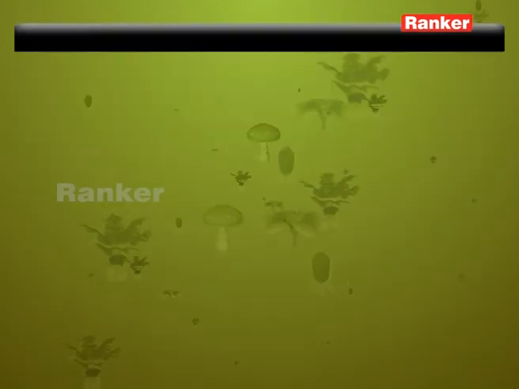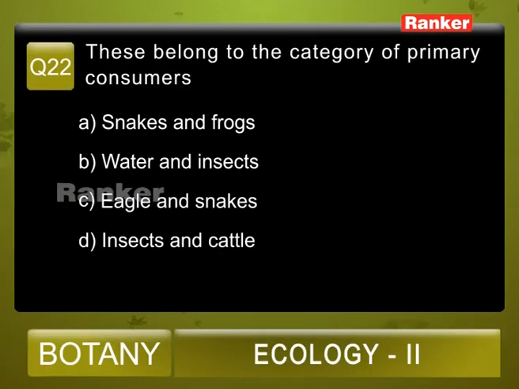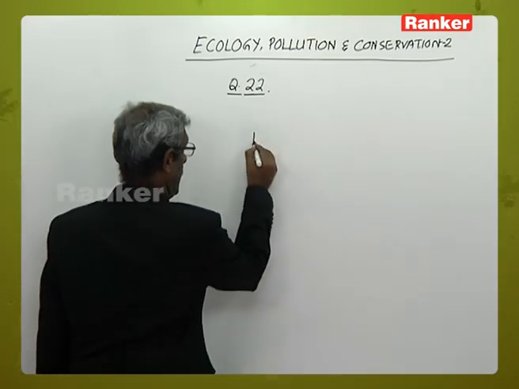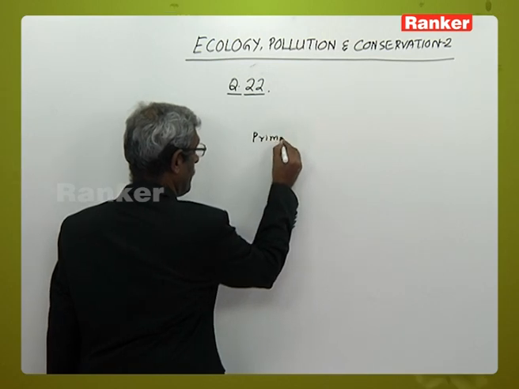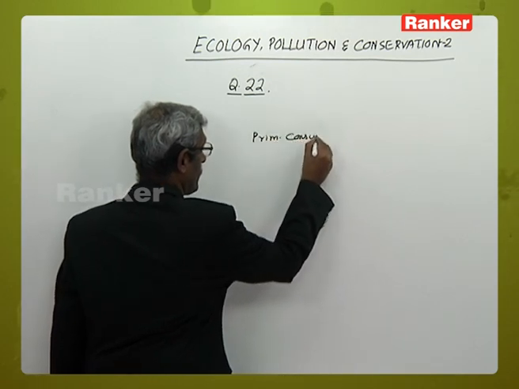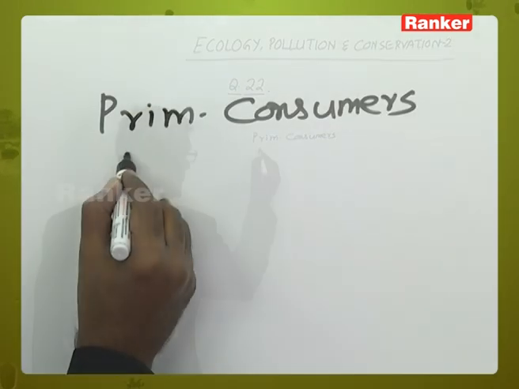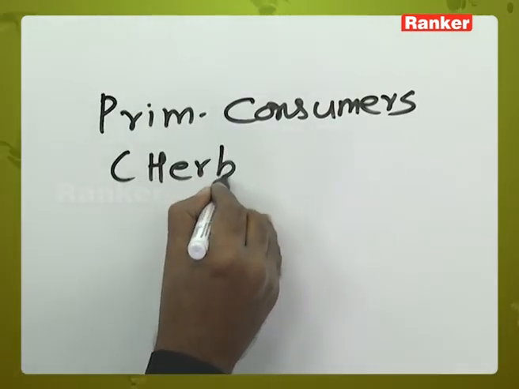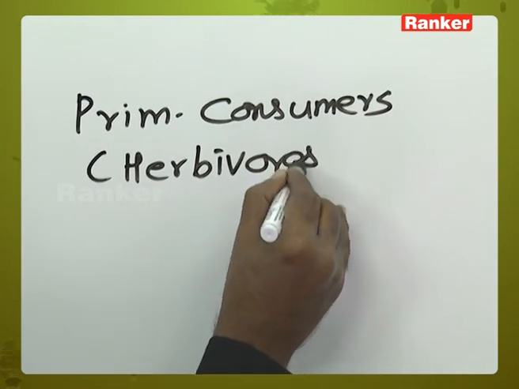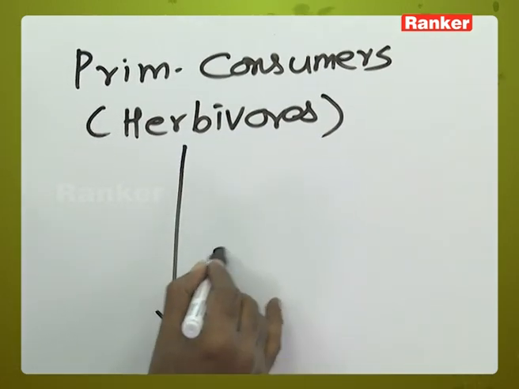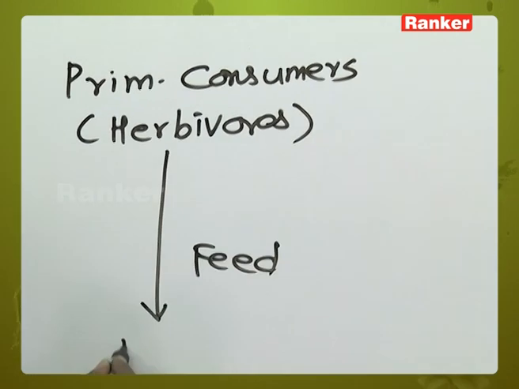Question number 22. These belong to the category of primary consumers. A is snakes and frogs, B is water and insects, C is eagles and snakes, D is insects and cattle. Primary consumers are basically herbivores, that is, they feed on plants.